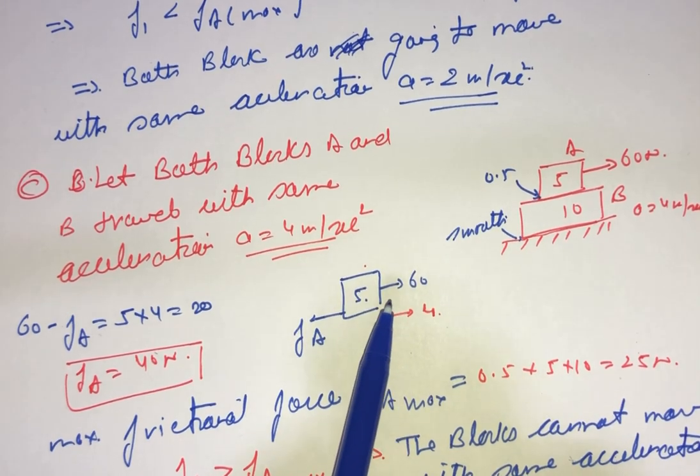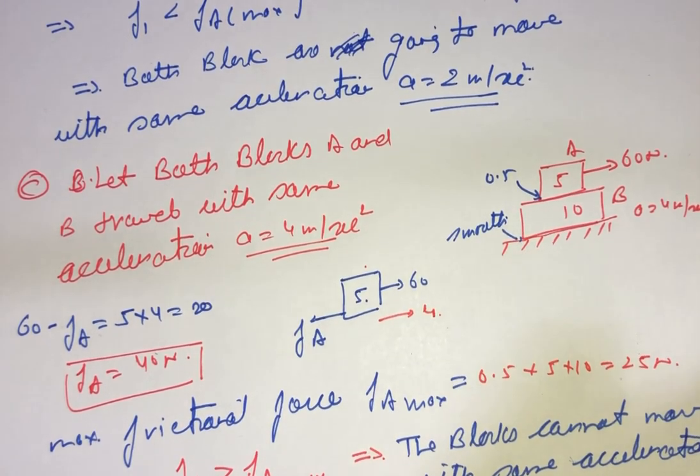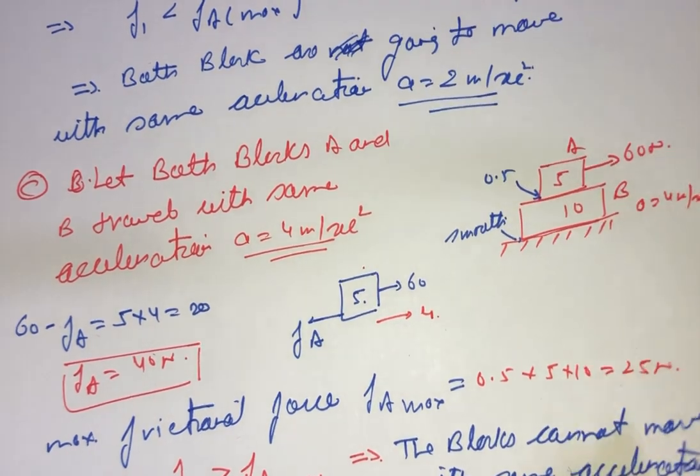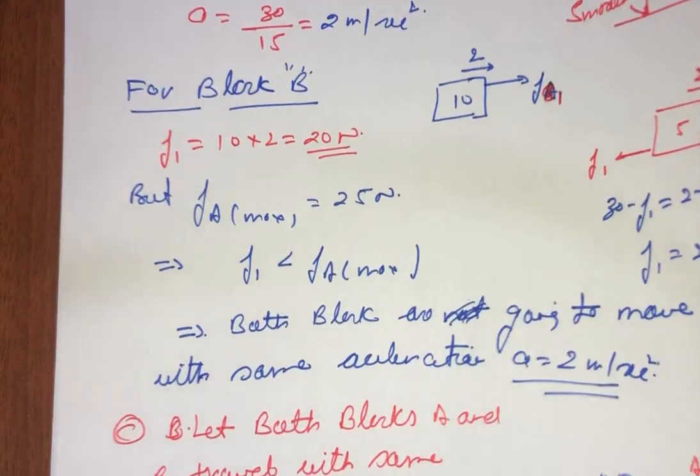So it means the upper block is going to move with a different acceleration and the lower block will be moving with a different acceleration. Now we are going to find out the value of the accelerations.